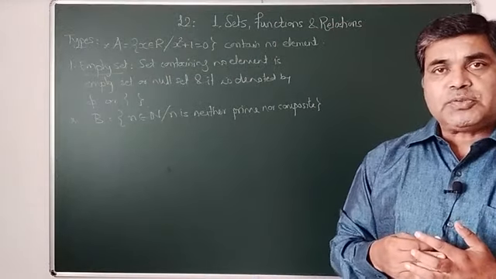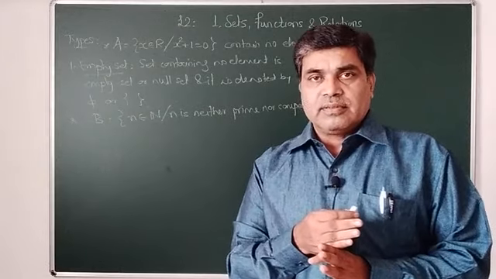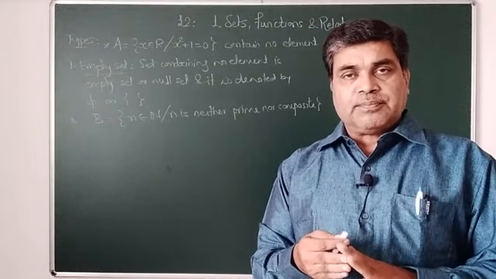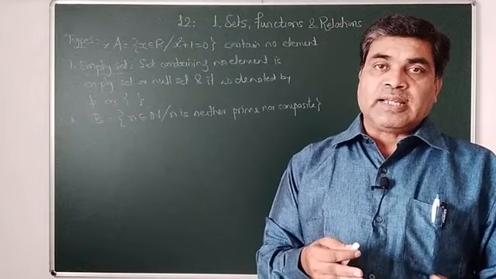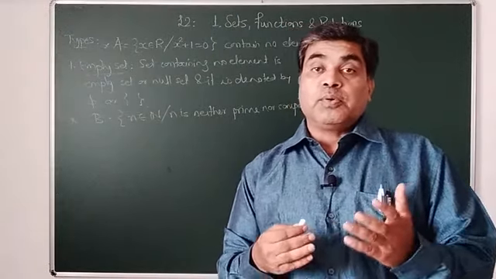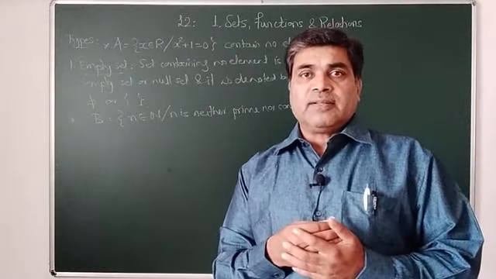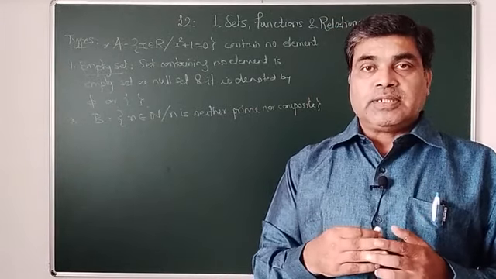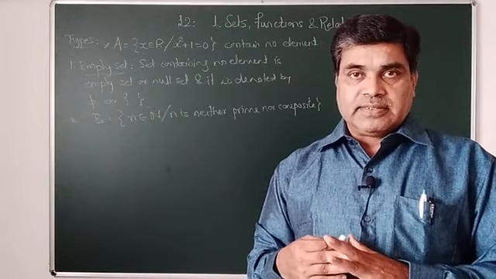Then what is the definition of composite number? A natural number n other than 1 is said to be a composite number if it has a factor other than 1 and itself. For example, if I take the natural number 8, it is divisible by 1, by 2, by 4, and by itself, 8.